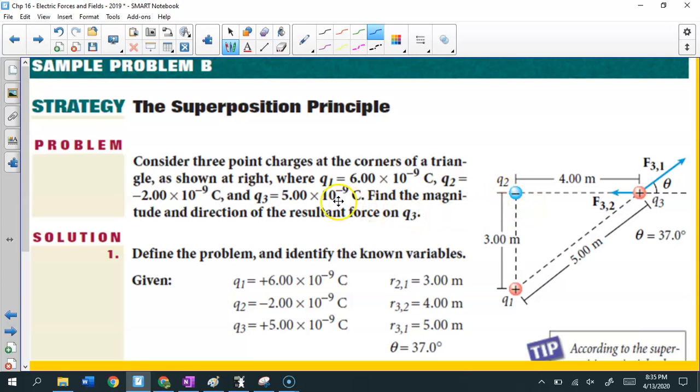What we're going to be doing here is finding the magnitude and direction of the resultant force, meaning what does Q3 feel, right? So this is all about Q3. What is the force that Q3 gets from the other 2 charges present in the system? And as we're going through this, this is known as the superposition principle.